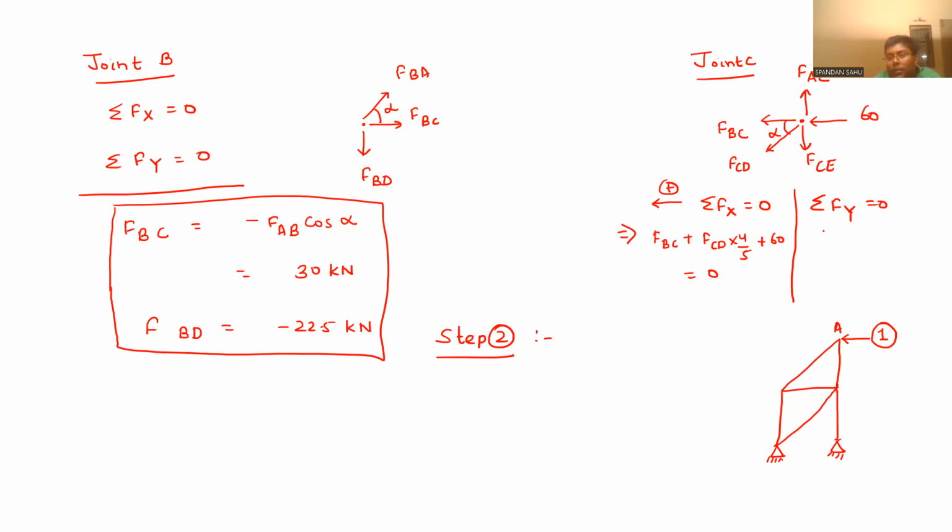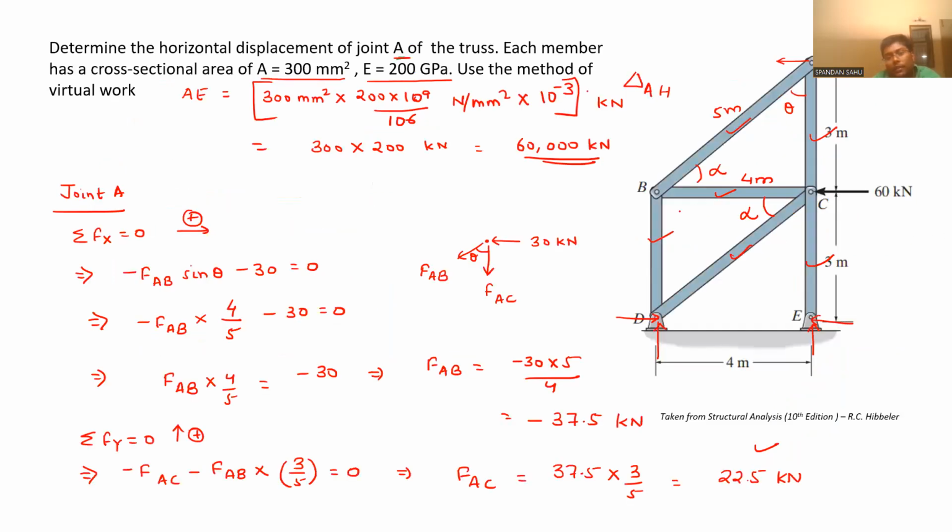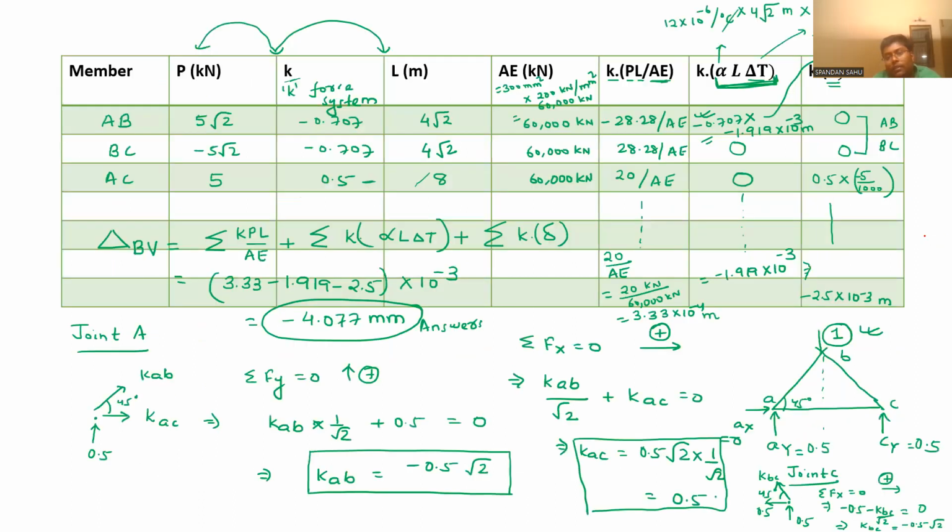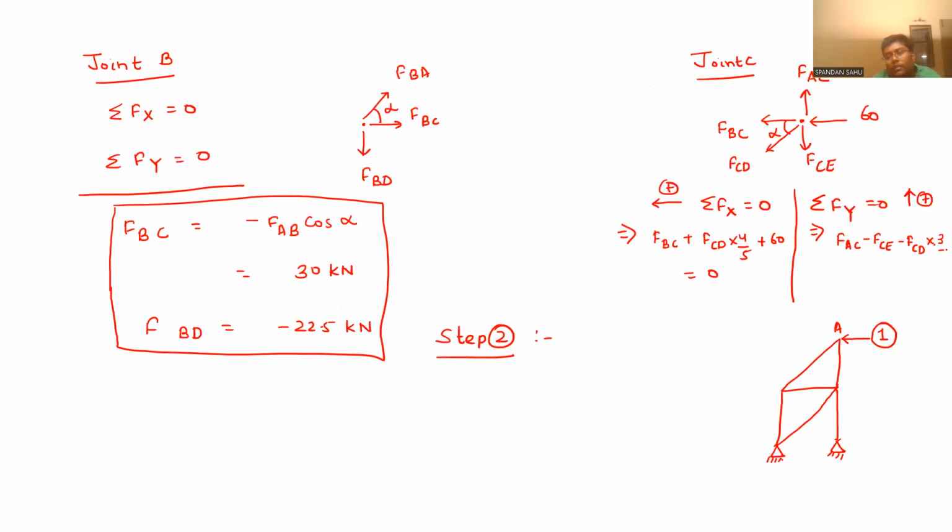From summation of Fy equal to 0, taking upward as positive, FAC minus FCE minus FCD sin alpha, where sin alpha is 3 by 5, should be equal to 0. So this is equation 1 and this is equation 2.